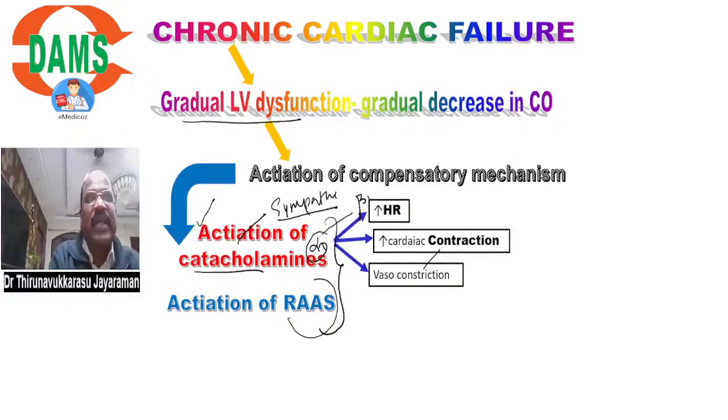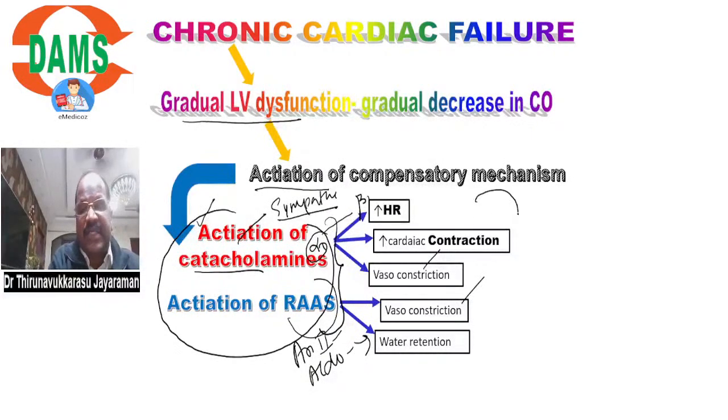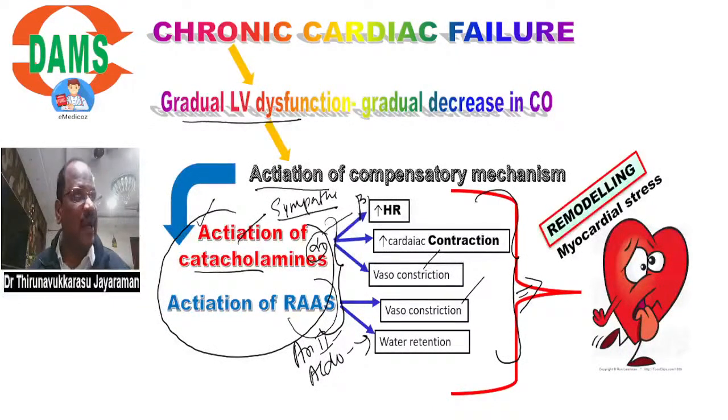Even the renin-angiotensin system: angiotensin 2 is a powerful vasoconstrictor, and aldosterone causes sodium and water retention. So the activation of compensatory systems causes more ventricular stress, resulting in ventricular remodeling.